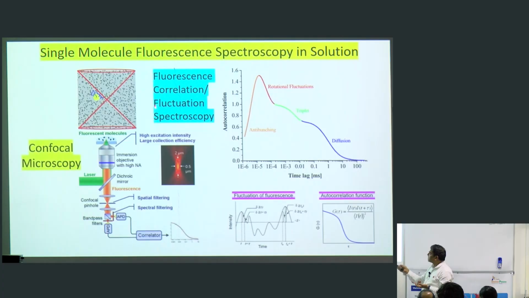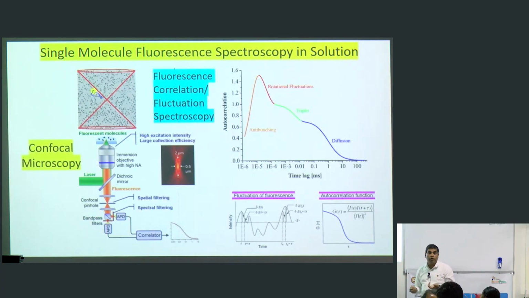So what you can do, with the same diffusion happening because of this confocal arrangement, the laser light basically falls like this. So the laser focus is here, you can see. At a time I can capture only one molecule, right? And this is also done because of this confocal volume.